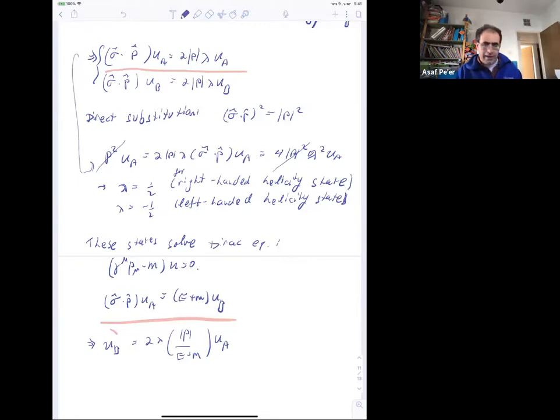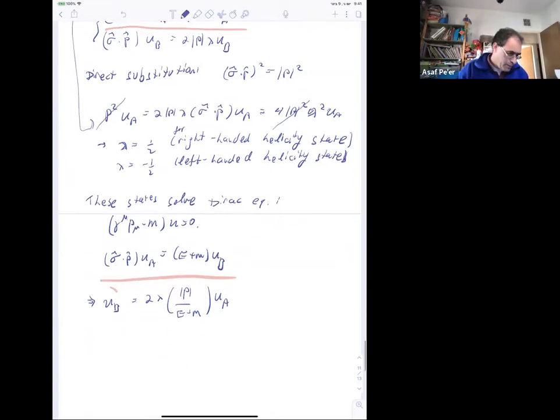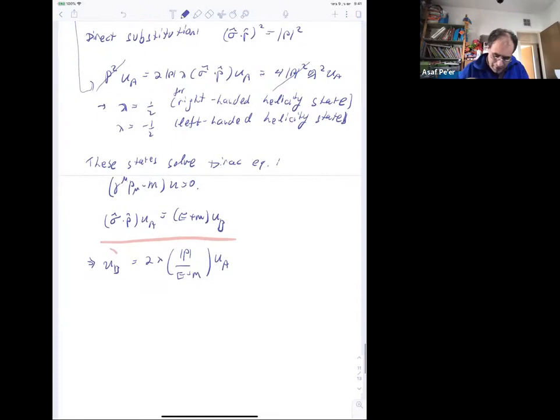Which means that the helicity eigenstate u_b must be proportional to the helicity eigenstate u_a. So if we are to solve that, solving meaning finding an explicit description of u_a, then the easy way is to use spherical coordinates.